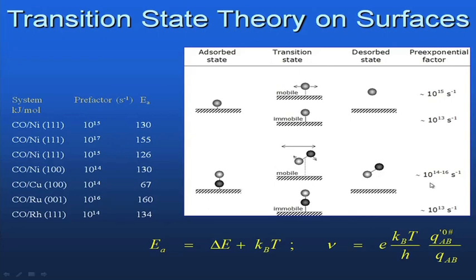For the mobile case, it is 10 to the power 14 to 10 to the power 16, which is high, and for the immobile case it is 10 to the power 13. You see, for both cases, whether atom or molecule, the immobile pre-exponential factors are close, and of course lower than the corresponding mobile case.